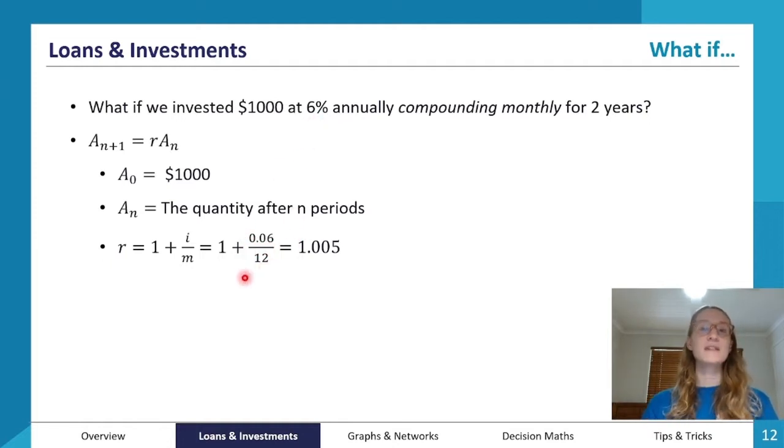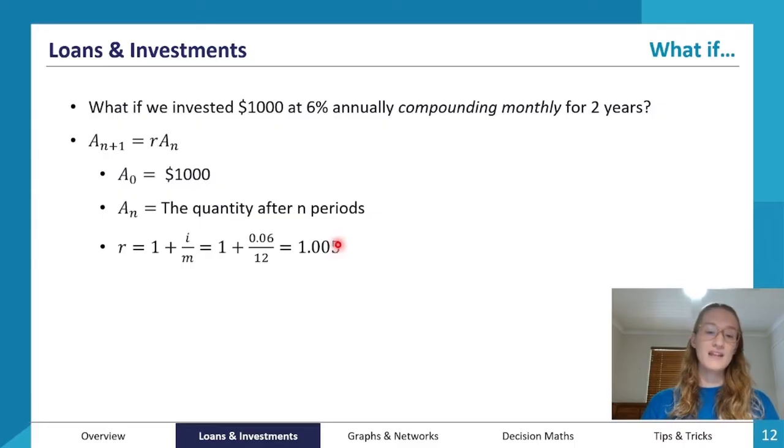But the interesting difference here is that now instead of 1, we have 12, because M, if we remember, was referring to the number of compounds per year. And if it's compounding monthly, then we're going to have 12 compounds per year. So R, the rate by which our investment is growing every month, is 1.005, which is a smaller number.